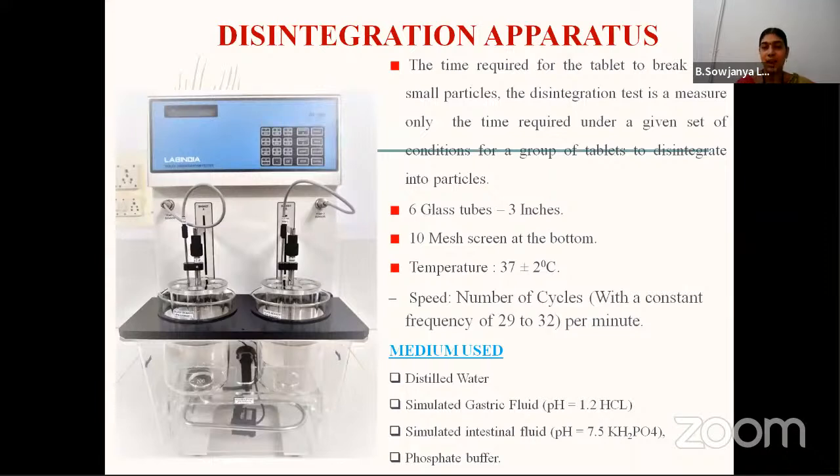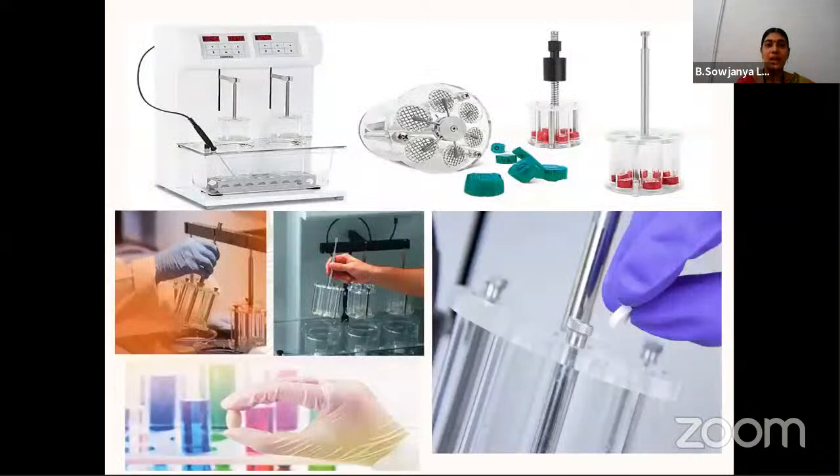Only 6 glass tubes, 3 inches in size, are placed with a 10 mesh screen at the bottom, and the temperature is 37 plus or minus 2 degrees. So temperature is very important here. This diagram shows the disintegration apparatus, which has 6 tubes of 3 inches size.